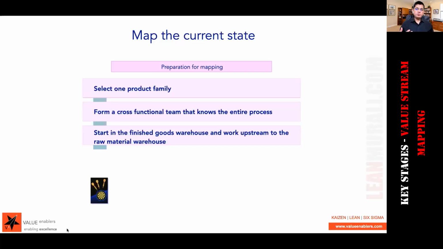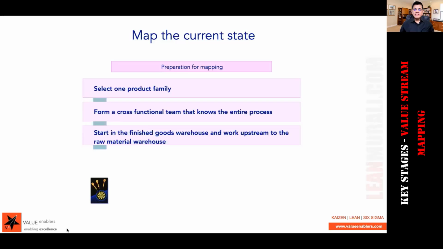But when you work upstream, the material has to pass you, and you can get the right quantity of the inventory. A better snapshot of inventory when you work upstream.